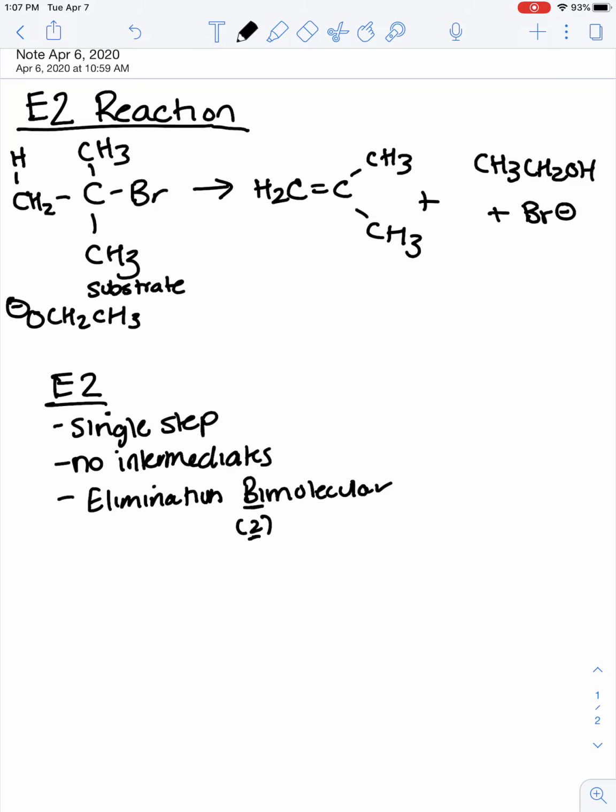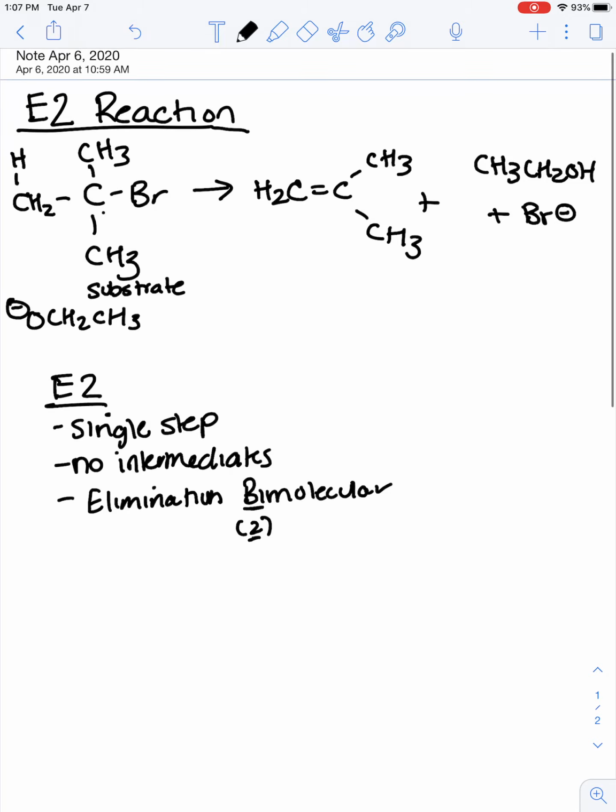So when we're looking at E2, looking at this carbon here, we have a tertiary carbon. We have a good leaving group. So bromine, remember, is a good leaving group. We have a strong base or nucleophile. So we would think that this would proceed via an SN2 reaction or an E2 reaction.